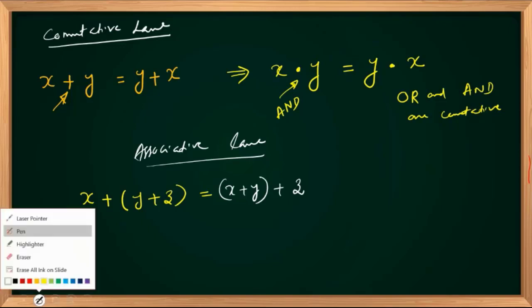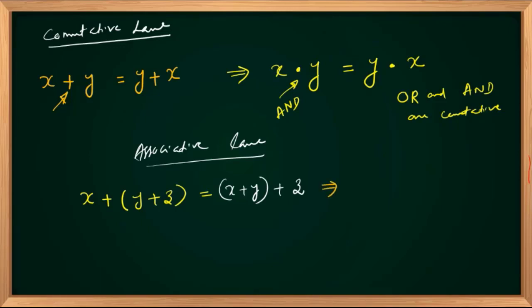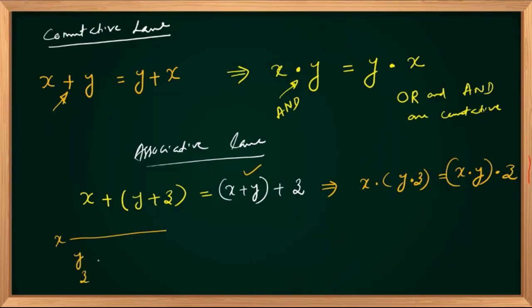Similarly, if you are taking the dual of this, x and with y and z will be the same as x and y first, and then with z. So it's a case with the three input variables x, y, and z. I'm taking the variable x, and OR between y and z.